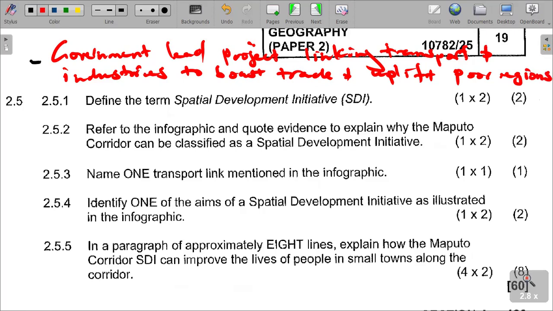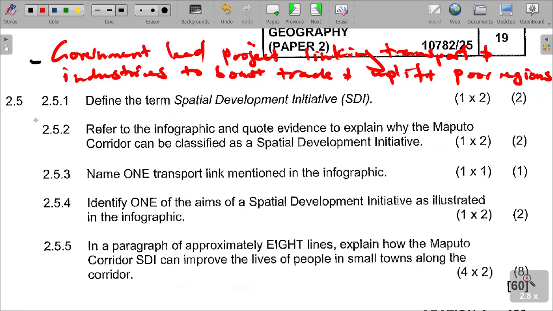That is what we call a spatial development initiative. It is actually led by government, put through the linking of transport routes that connect various industries in order to boost trade and uplift those poor regions that are identified.